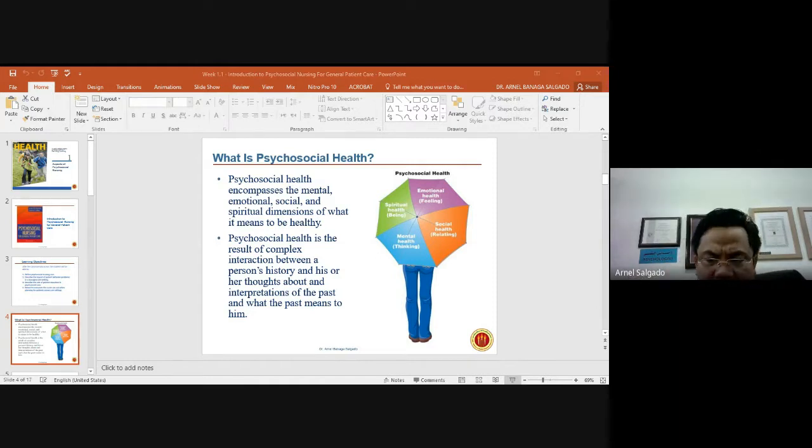The moment the patient is admitted in the hospital, always take note that their normalcy of life is already affected. Why? They are going to be separated from their family members. Remember this, every single patient that we admit in the hospital has a family, whether they are single or married.